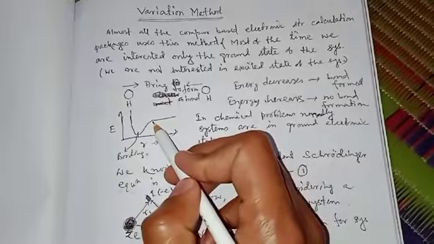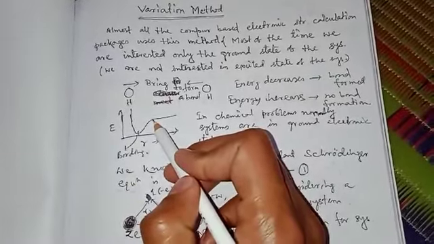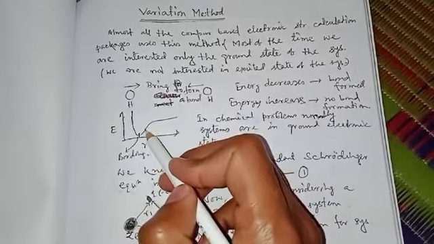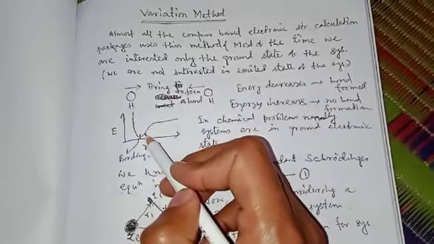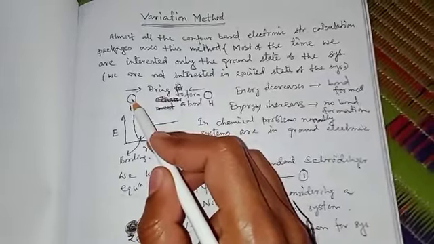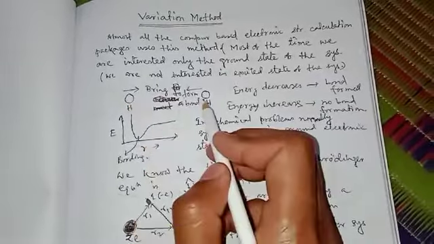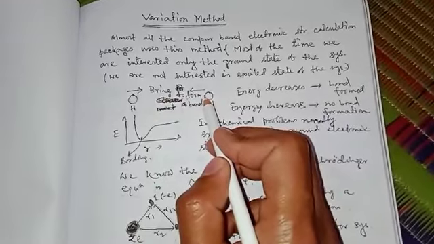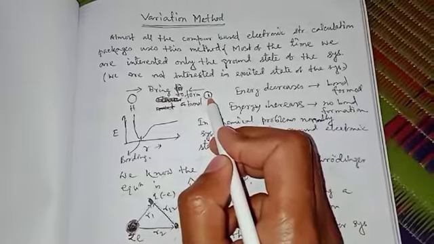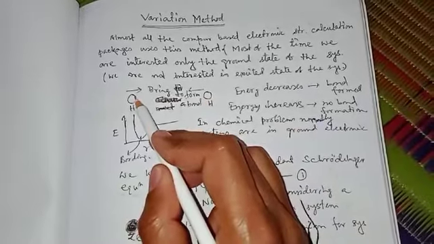The energy, after a certain internuclear distance, will reduce, because the nuclei will attract the electrons of the other atom, and here this nucleus will attract the electrons of that atom.